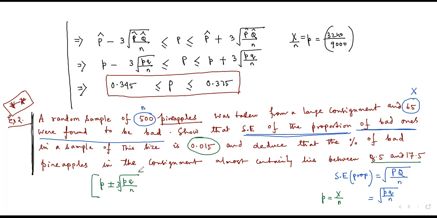If you apply this, you will find the lower limit to be 8.5 and the upper limit to be 17.5. In this particular problem, we are finding the technicalities of the calculations. It is not about hypothesis testing. So I'm not going to discuss this in detail. You just take a screenshot of that quickly. I'm moving on to the next page.